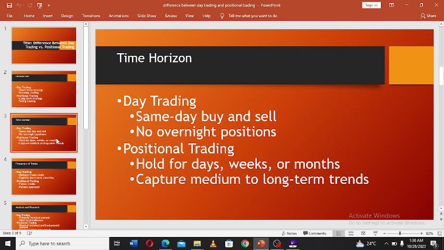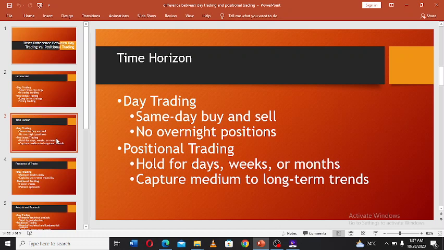They also don't hold trades in overnight positions. While positional trading tends to hold for days, weeks, or months, just to capture medium to long-term trends.